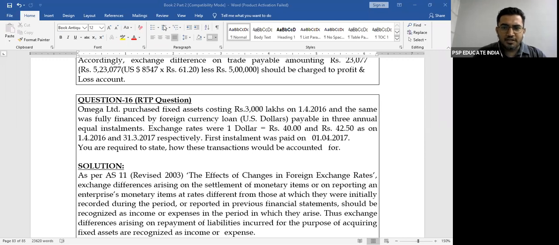Look at the question and tell me, have they mentioned this question has a loan involved for a depreciable asset or other than depreciable asset? Everyone agrees it is for a depreciable asset. Okay, so you have purchased a fixed asset which is a depreciable asset.